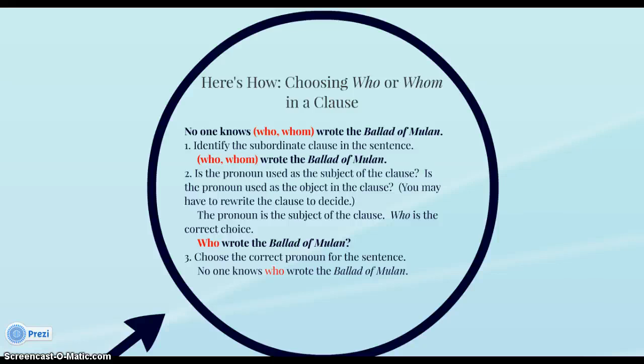And you may have to rewrite this in order to decide. The pronoun is the subject of the clause. Who is the correct choice? So we would say, who wrote the Ballad of Mulan? Then you are able to choose the correct pronoun for the sentence. No one knows who wrote the Ballad of Mulan.